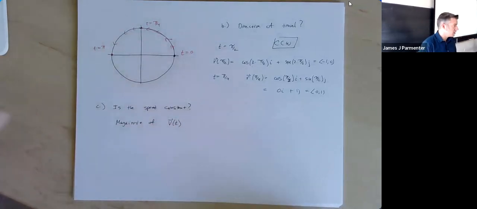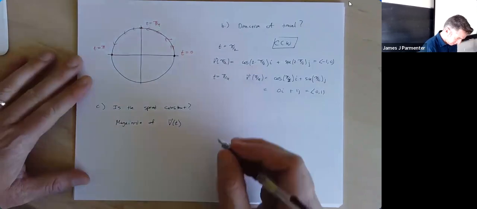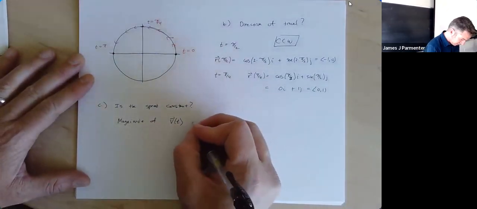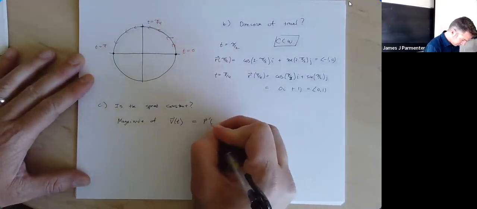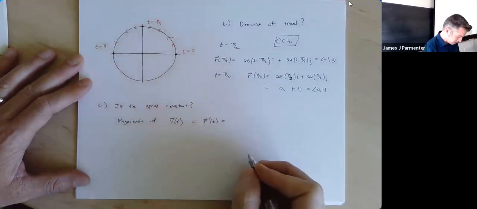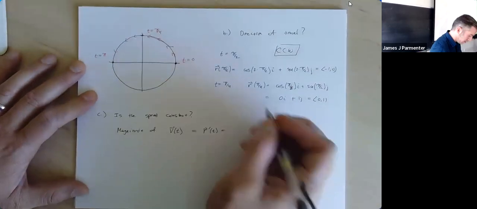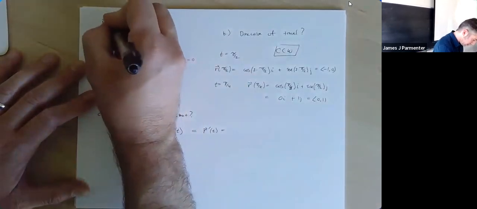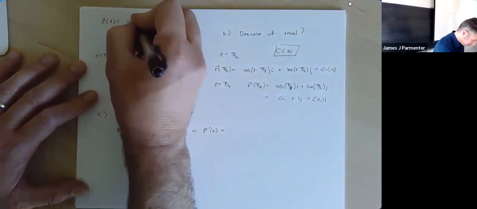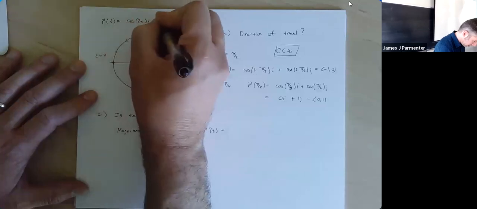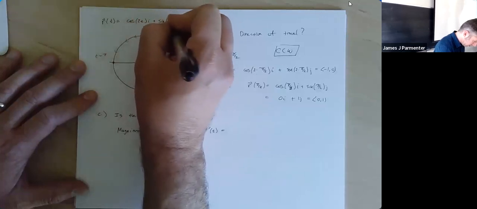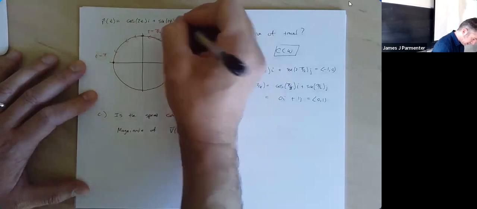Where velocity also is a vector valued function. So v of t is just going to be the derivative of r of t. I should probably write down my function again, just so we all have it on the same page. r of t, one more time, was cosine of 2t i plus sine of 2t j.